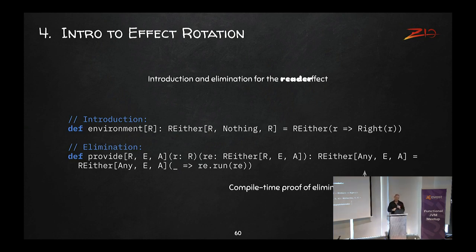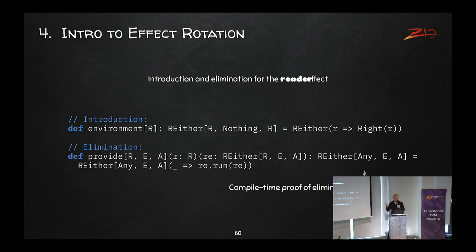And elimination allows us to, given an Either, feed it an R, and that's going to turn the R requirement from R to Any. And Any here means that this Either does not require any specific value. In other words, in order to run this, we could give it Unit or the number 42 or an empty string or whatever.